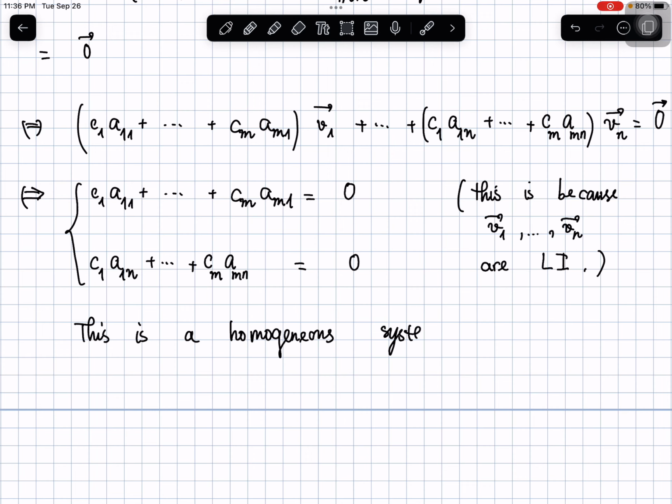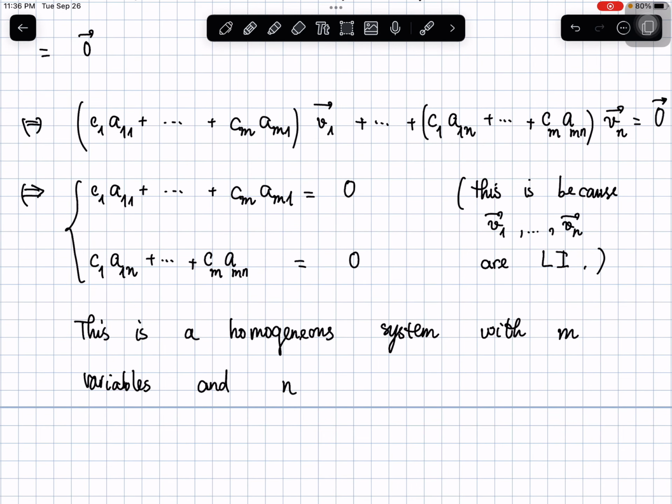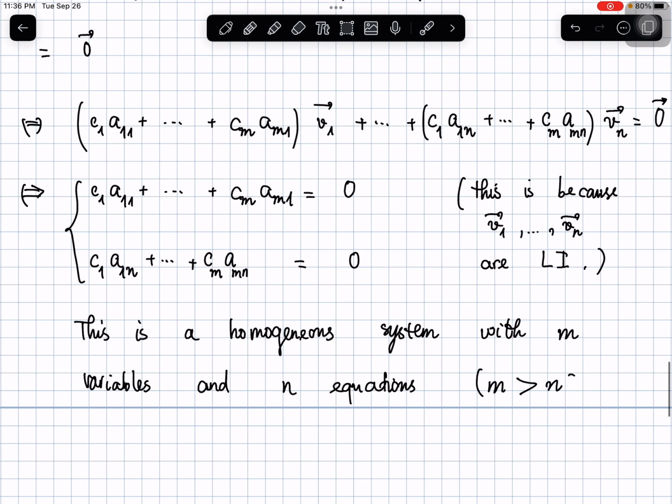A linear system with m variables and n equations, right? And note that m is strictly bigger than n. This system is underdetermined, right? We have m variables, which is greater than the number of equations.